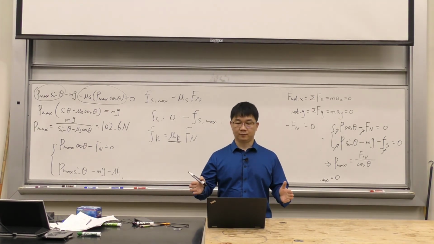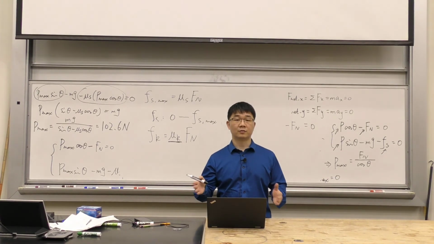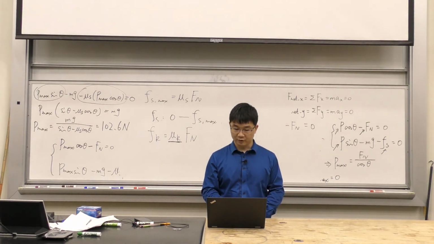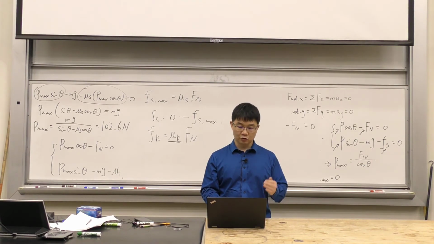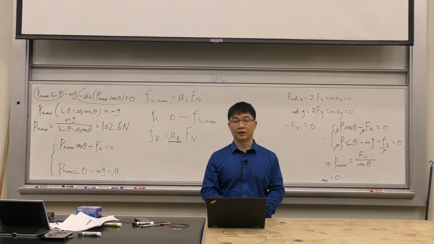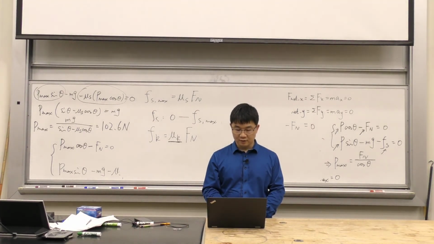There's no fundamental theory to determine the coefficients for you. So I'm going to show you a very simple experiment that can determine mu k, the coefficient of kinetic friction between two surfaces. Take a look at the experiment on slide 10.